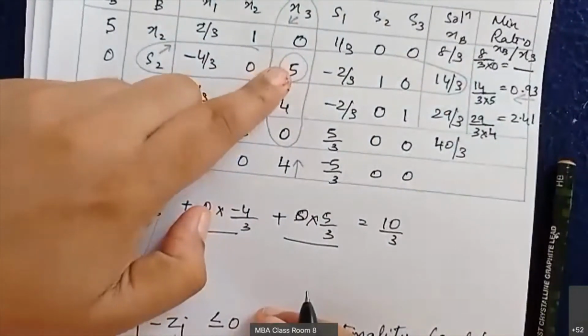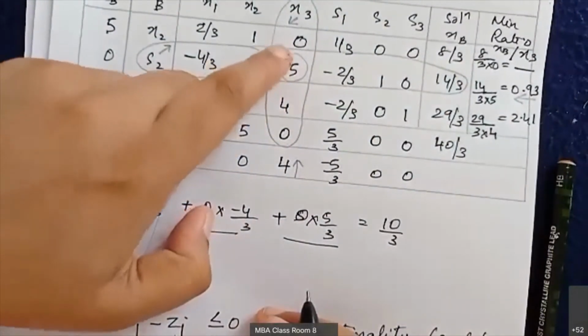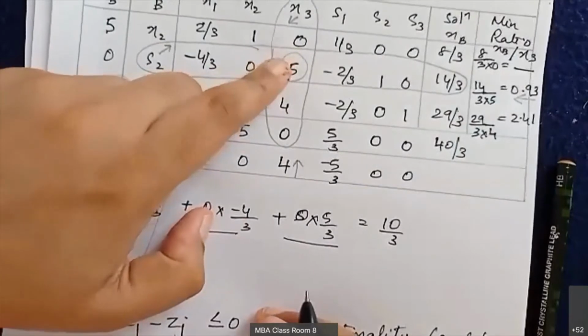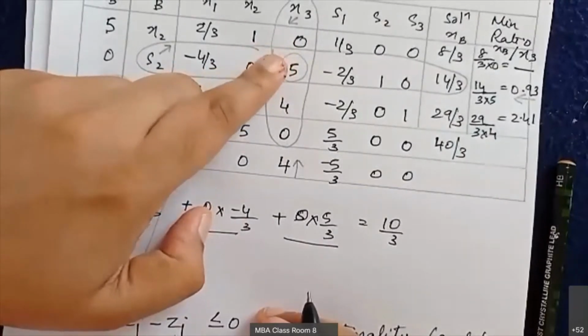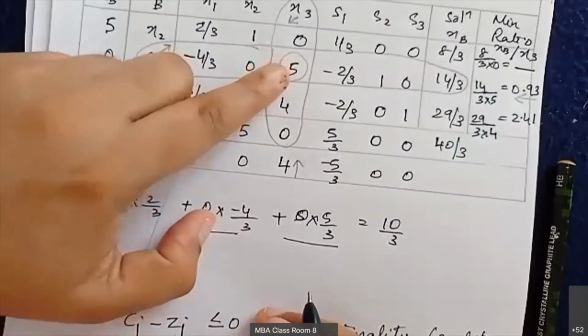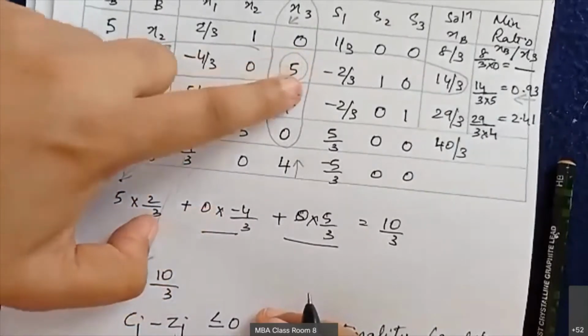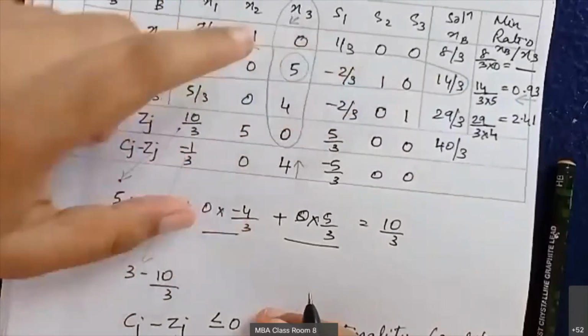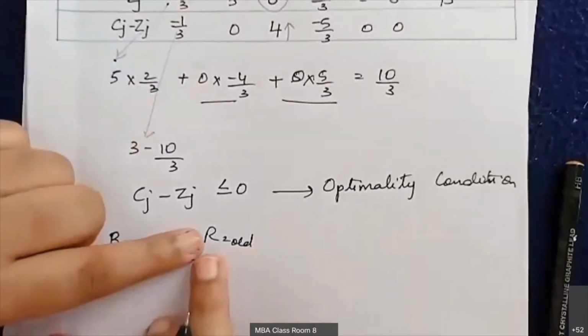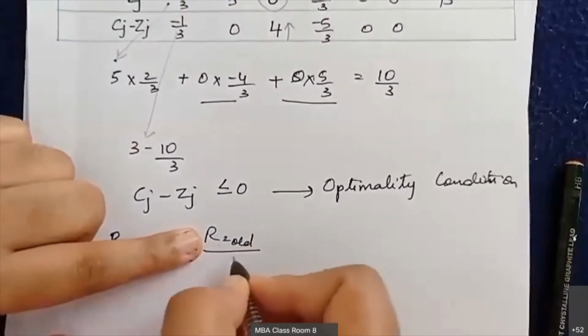In the next simplex table, instead of 5, I should get 1. For getting 1, I will divide this number by the same number. It is not enough that I divide only this number. I have to divide each of the numbers in the key row by the key element. That is why we have the equation R2 old divided by 5.